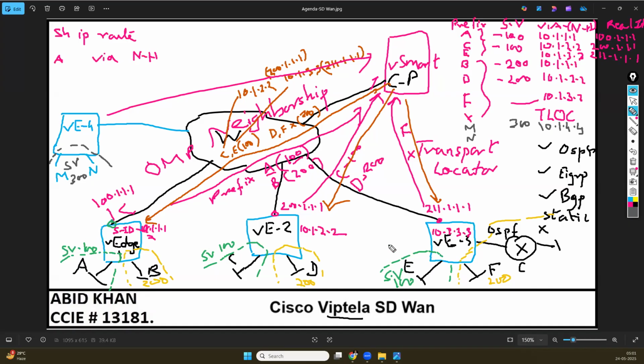So intelligently, you'll see only the VHs that have a particular service VPN, vSmart will only forward routes belonging to that service VPN. vSmart will not advertise routes of other service VPNs if they do not exist on the VH.